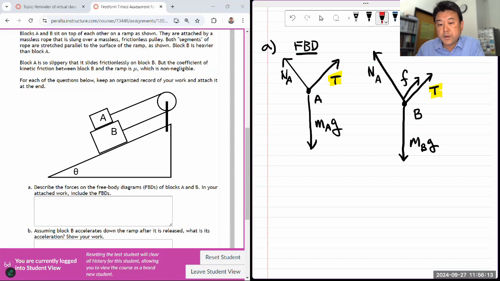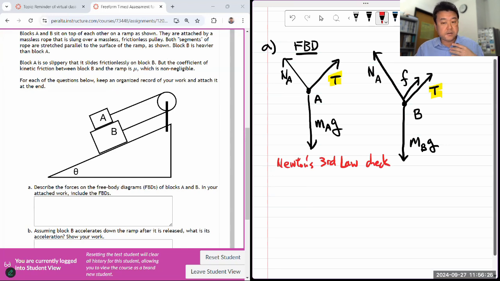You need to do what I call a Newton's third law check. For every single force, you have to either decide it's an external force, so no Newton's third law pair needed, or it's an internal force and you need to label a Newton's third law pair.